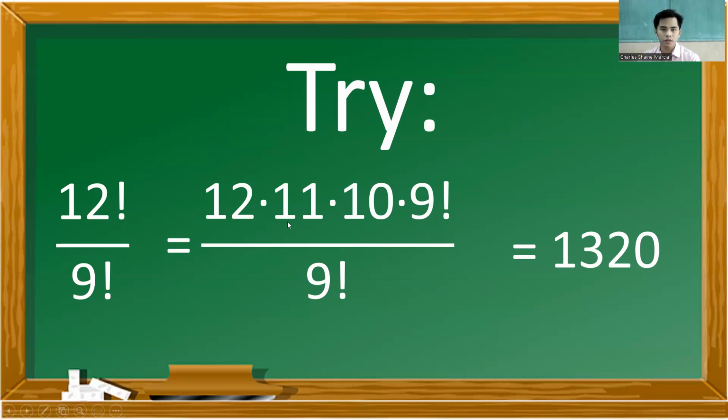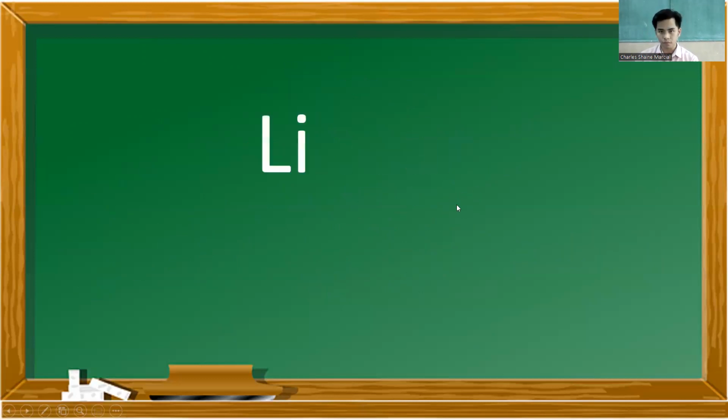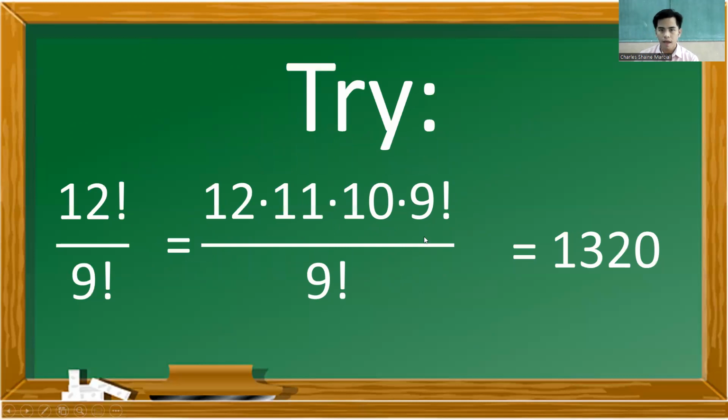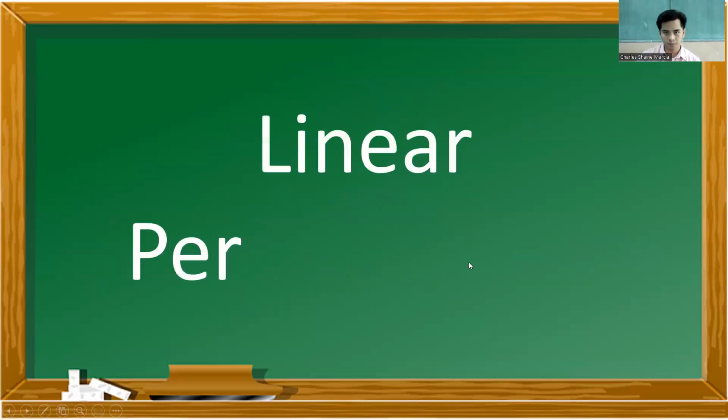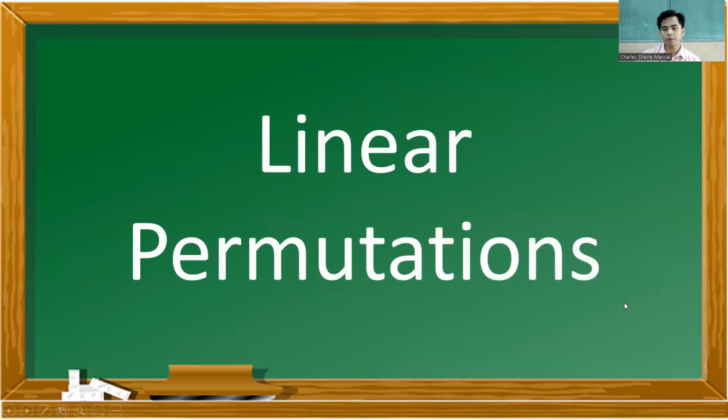Expand lang natin yung nasa numerator, 12 times 11 times 10 times 9, and we can stop sa 9 factorial, since pwede nating i-cancel yung nasa numerator and denominator na 9 factorial. And i-multiply na lang natin yung 12 times 11 times 10, and that is equal to 1,320.